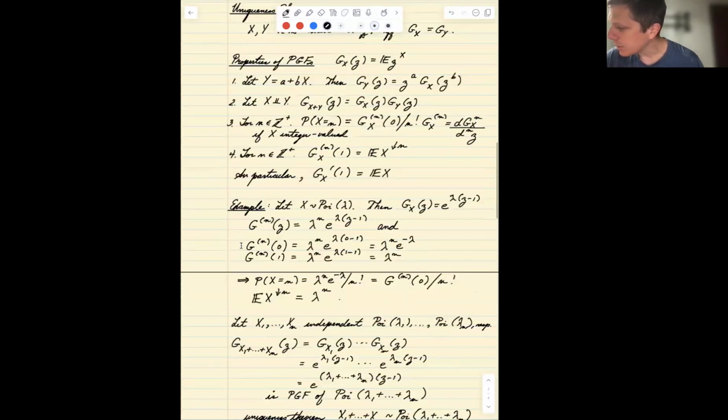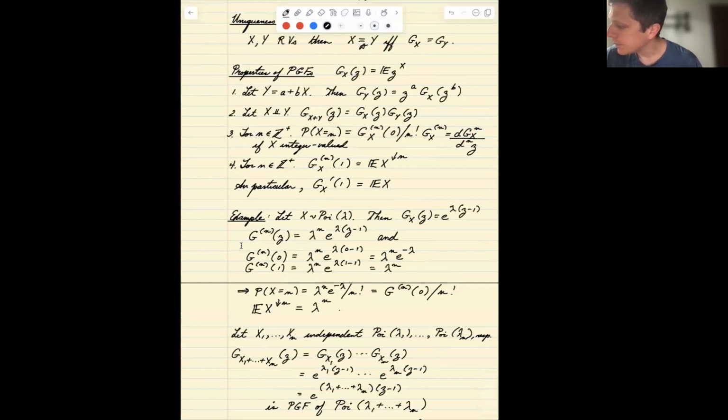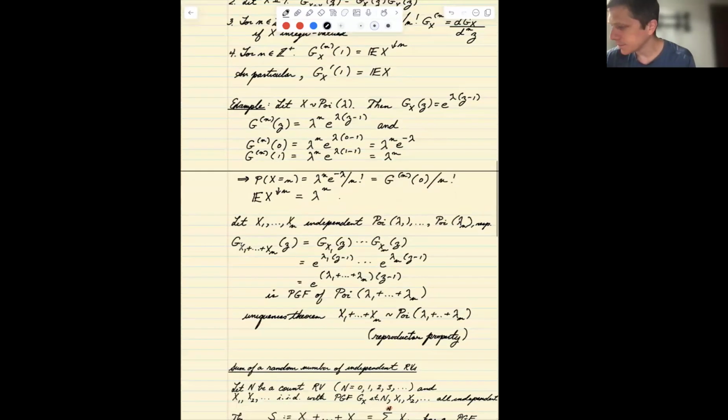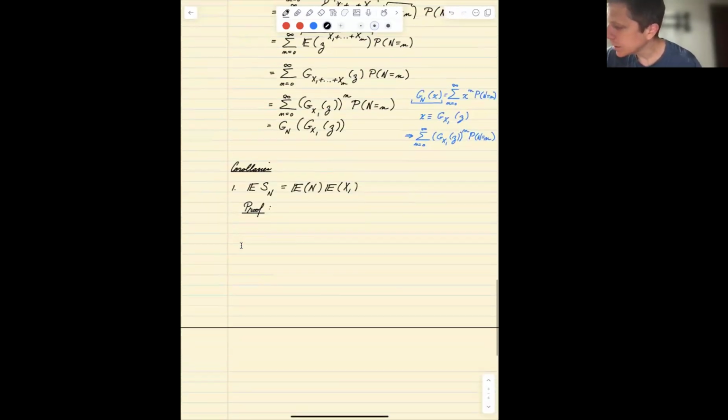And what we showed up above was that we can get the factorial moments by taking the nth derivative and evaluating the generating function at 1. So let's take the first derivative of this. And how are we going to do that? That's going to be the chain rule.